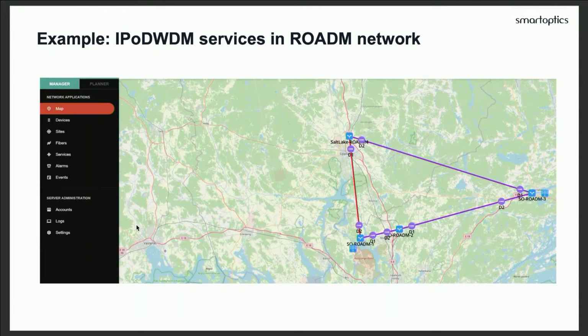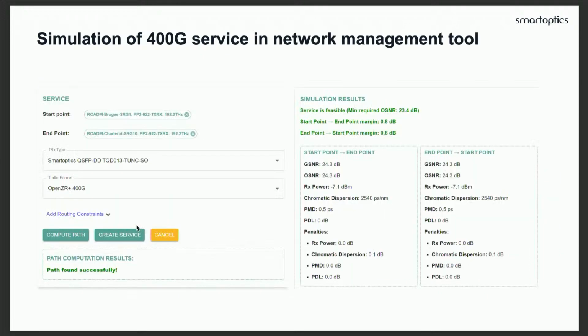The same thing can be done on a ROADM network these days. So there's not really a need to have all these complex transponder-based solutions. If we run it in a ROADM network, we can actually simulate 400 gig services, 100 gig services with different types of transceivers. So here it's a high power 400 gig transceiver according to OpenZR+.